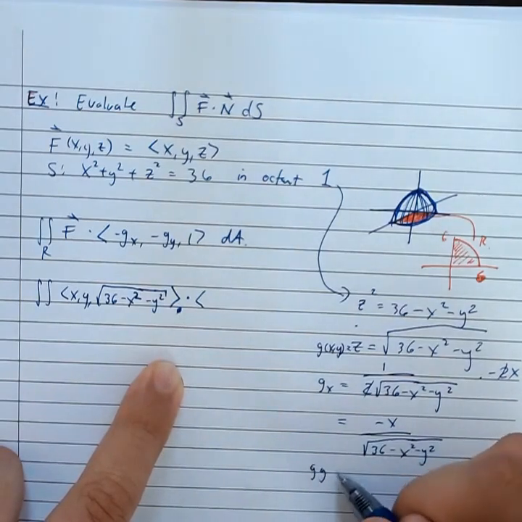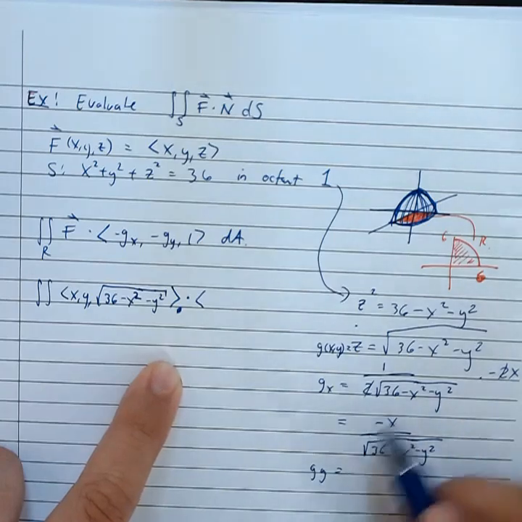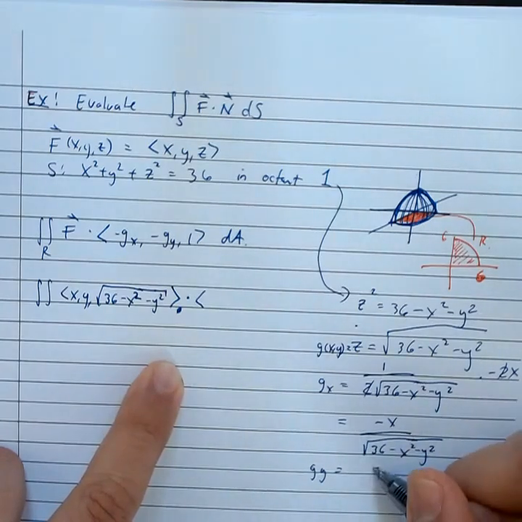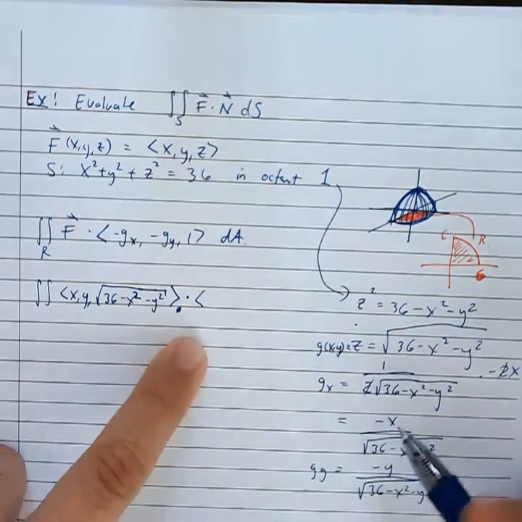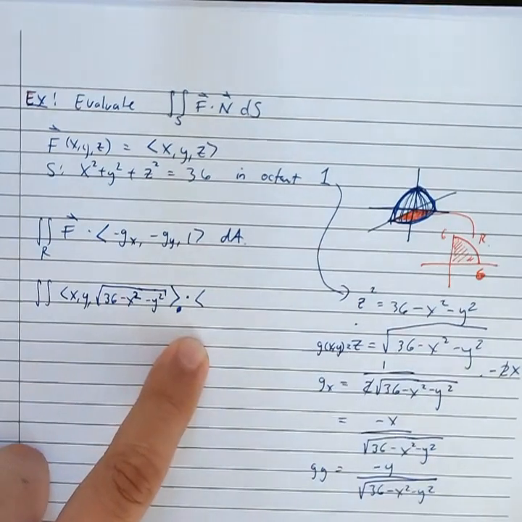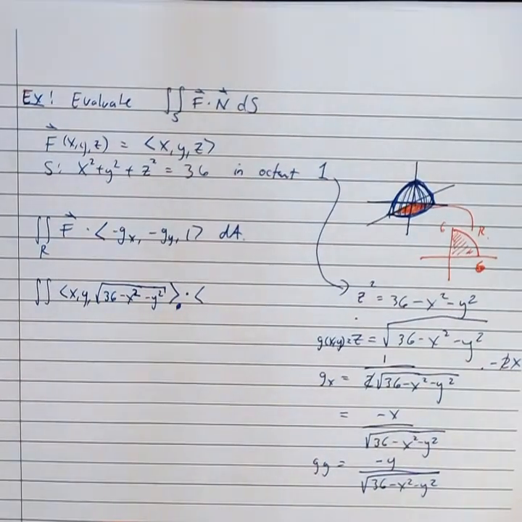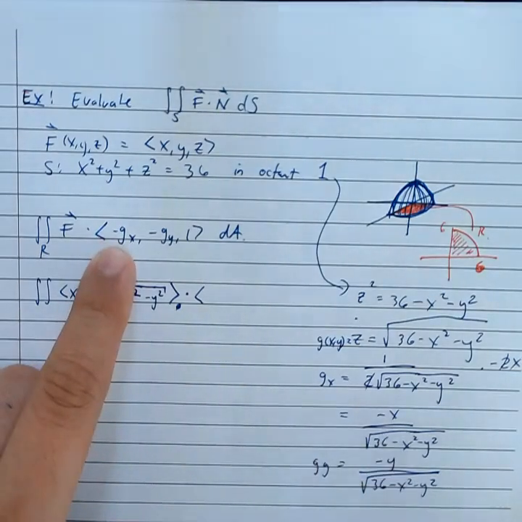G sub y is going to give me almost exactly the same thing, except the y here instead of an x. You can go through g sub y, and that'll give you negative y over the square root of 36 minus x squared minus y squared. Okay, so here, if I take the opposite of this, that's going to give me my negative g sub x. That's the positive one, but I want the negative one, so I'll just change the sign.